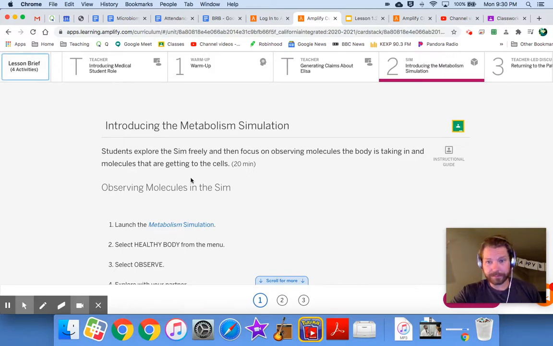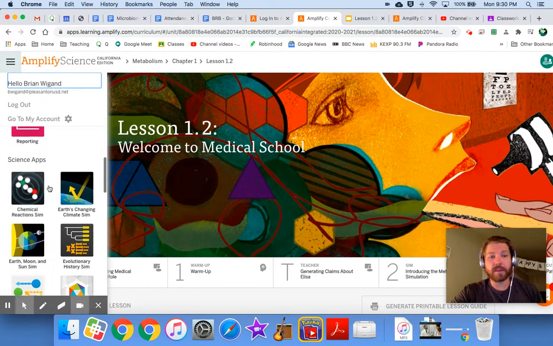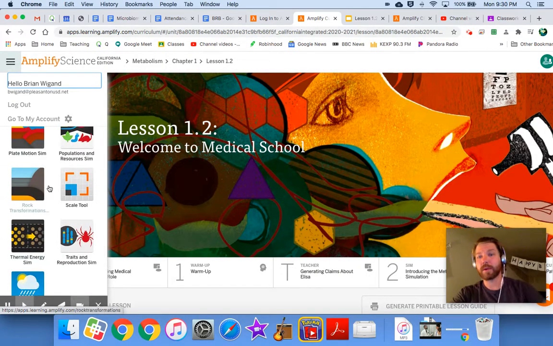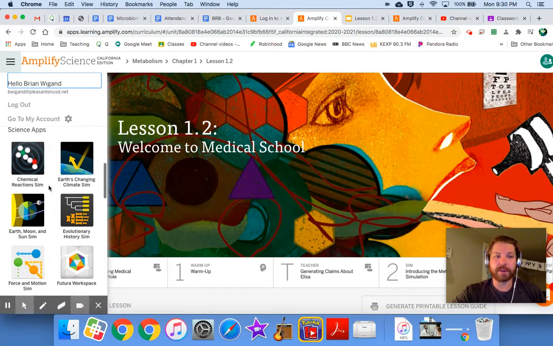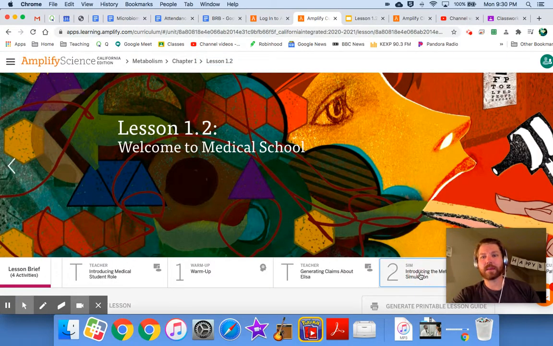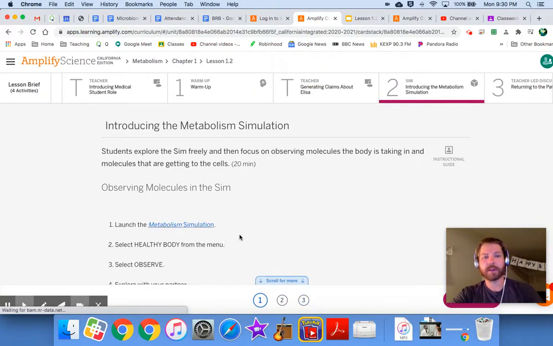If you are able to get to this menu next to your Amplify Science, up in the upper left-hand corner, you have all the simulations for all of the units that we're going to be doing. I have more because I can access other grade levels, but all of our simulations are right here. We are doing this one, the Metabolism Sim. You can also access it there, but usually whenever we're in the lesson, there will be a link when we are supposed to access it, like there is right here.